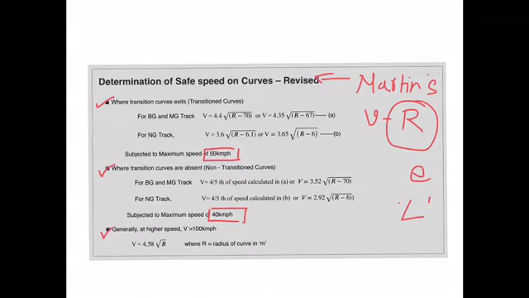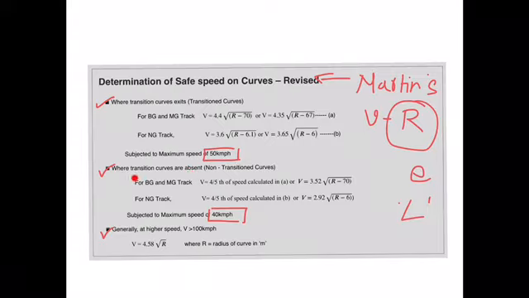So first, when the transition curve is present, the speed can be calculated in the BG and meter gauge track as V is equal to 4.44 square root of R minus 70, or you can calculate this as 4.35 square root of R minus 67. Similarly, for narrow gauge track, the speed can be determined with the second equation. These equations are valid only up to a speed of 50 kmph. If the train speed exceeds this, we cannot use these formulas.